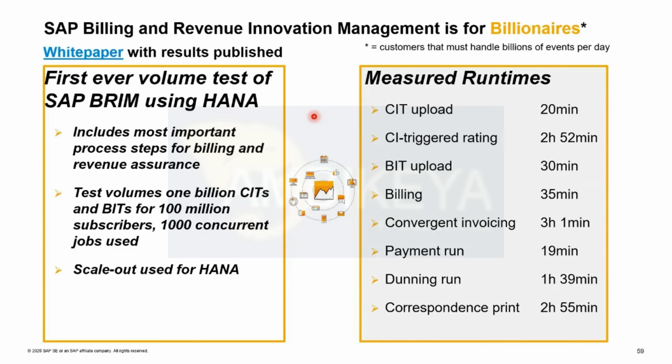Here we really can state that BRIM, so mostly the part of convergent invoicing and FICA, but also other parts of BRIM that are not the topic of today, so BRIM is for billionaires. With billionaires, we can proudly state these are customers that must handle billions of events per day.